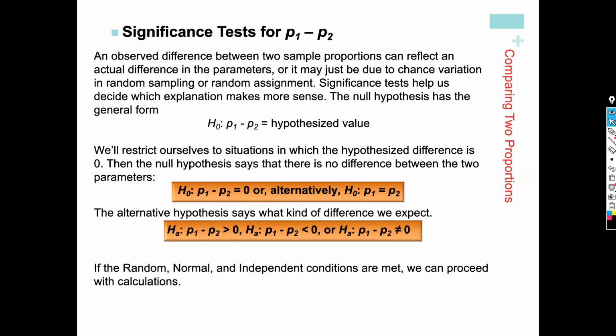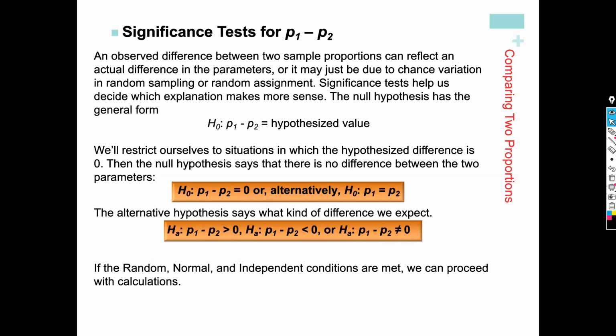And then the alternative is what gives us the change and the direction of that change. So when we're comparing two different proportions, we're trying to detect whether there's any difference or change, and if there is, what direction that change is in.